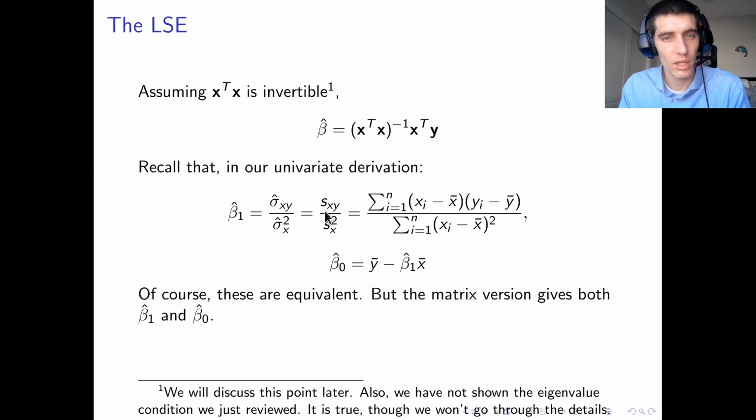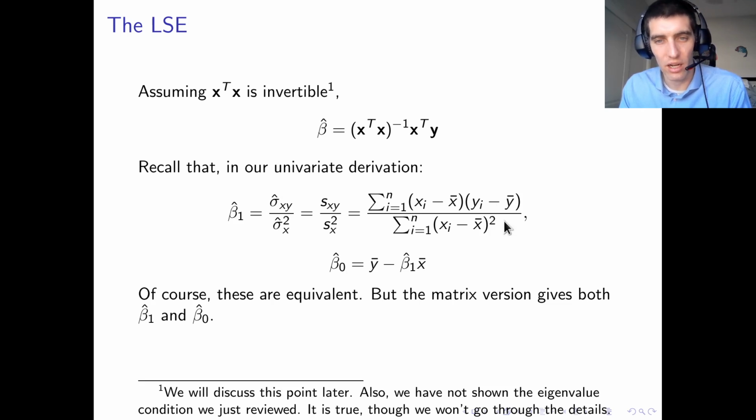All right, so in our univariate derivation, it took actually quite a bit of bookkeeping. We had to keep track of all these different equations, and here these solutions are actually equivalent, so it's the same minimizer, obviously. We've just done one in one notation and one in the other. But the matrix version is a solution for a vector, so we have both beta 0 hat and beta 1 hat in this one expression.